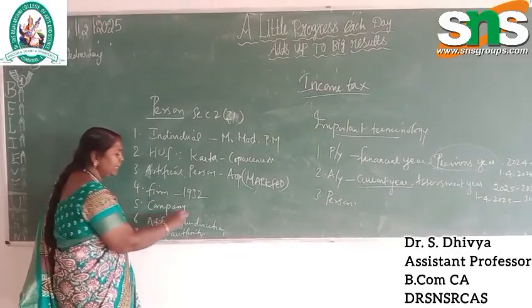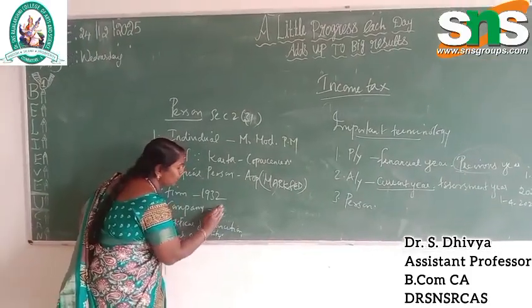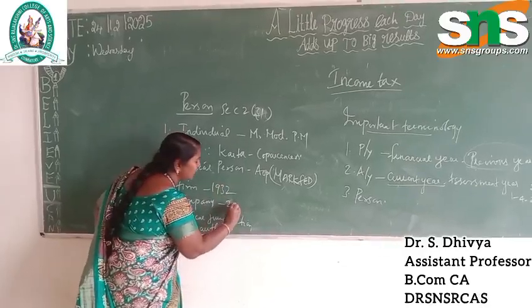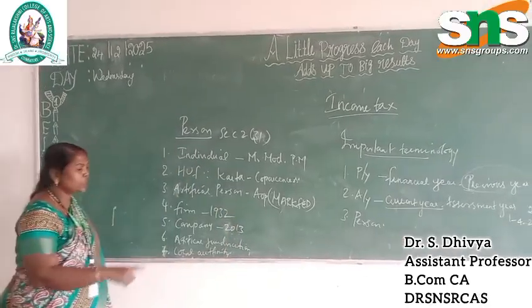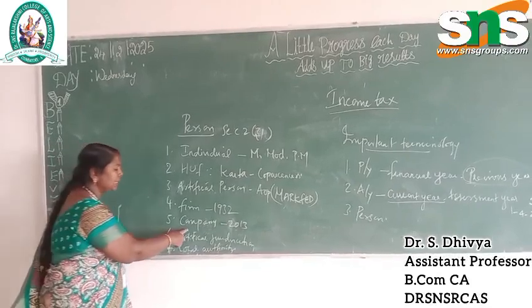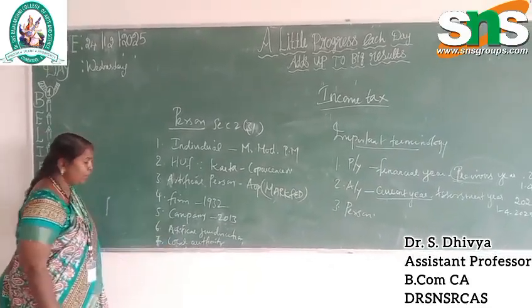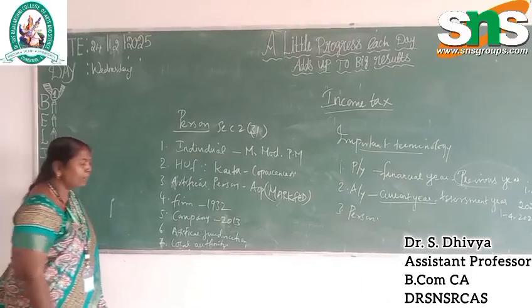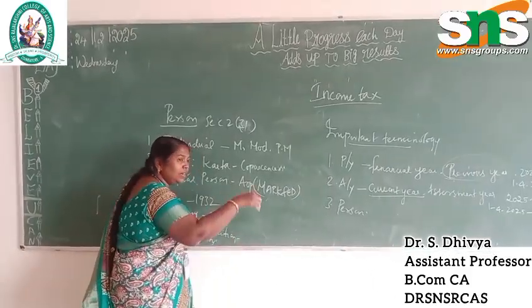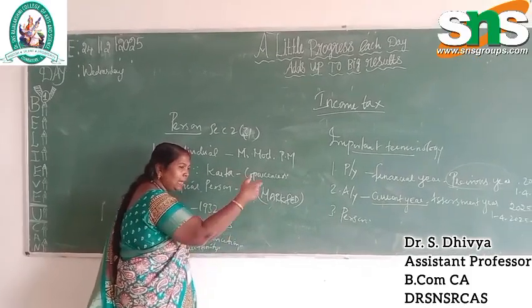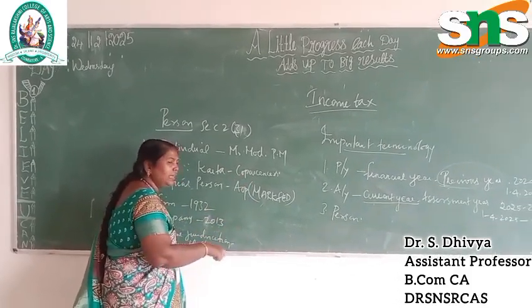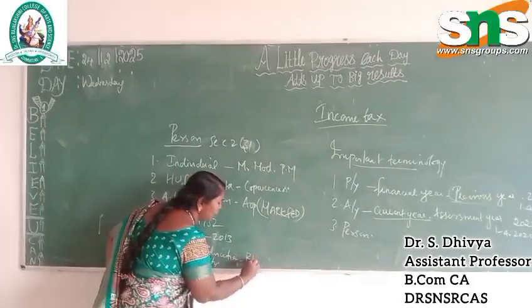And who is the company? The company is registered under the Companies Act 1956 or 2013. They start a business and gain profit or loss, and are called a company. And who is the artificial juridical person? A person who has a general or special act, and under that act they are running the business. For example, the RBI.